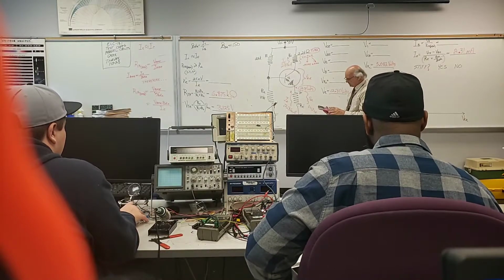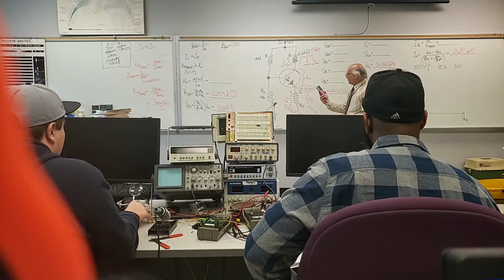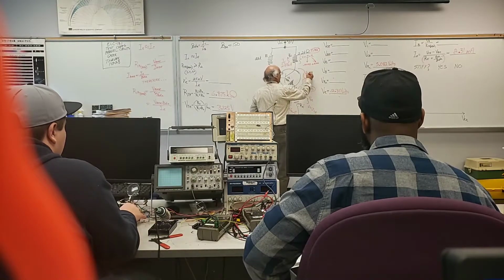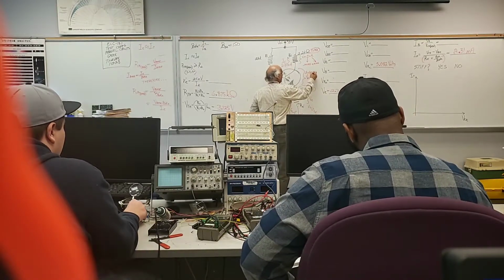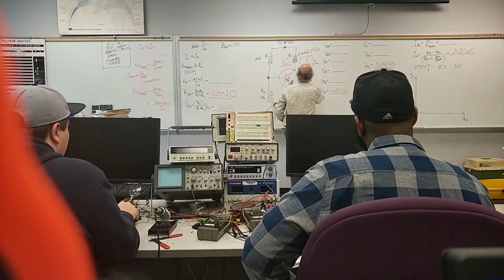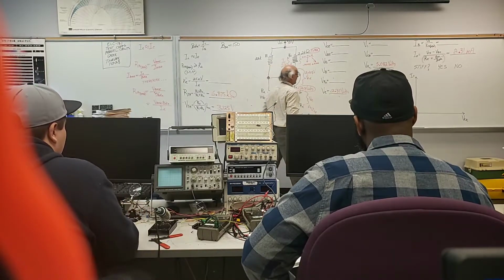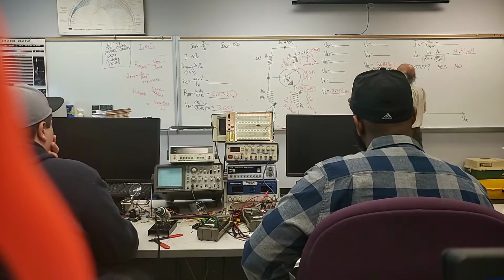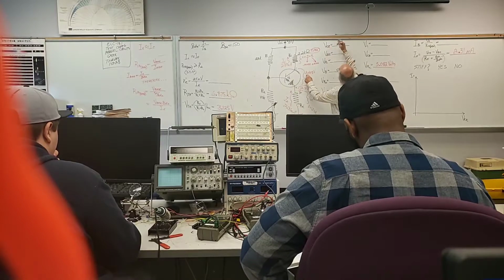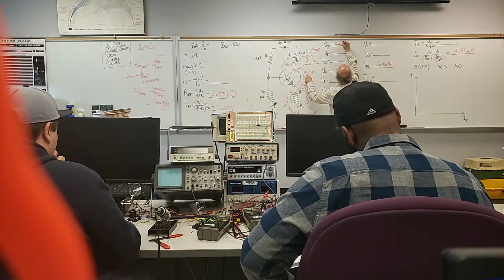What's left over has got to be across the transistor: 2.608 volts. So the voltage at the collector measured from the emitter is 2.608 volts.